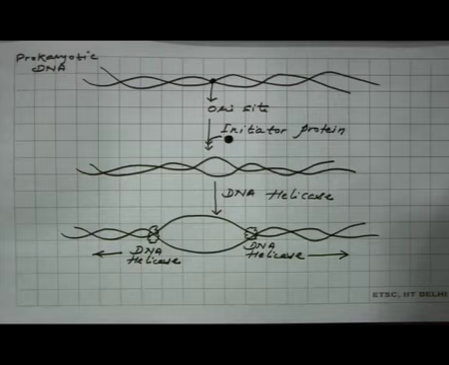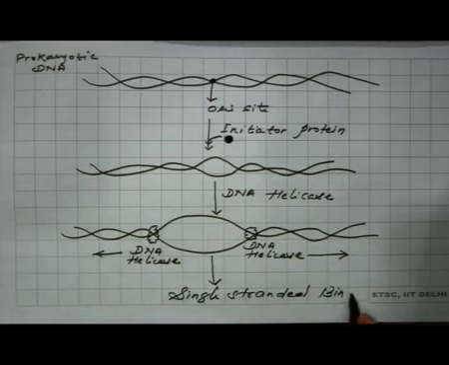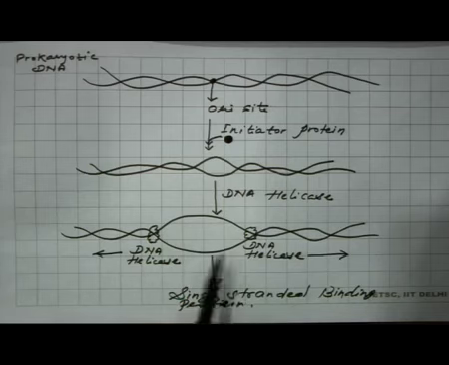To get them stabilized, another protein called single-stranded binding protein will bind over the template and will stabilize the single stranded DNA, so that it will remain single stranded for the DNA polymerase to copy it.